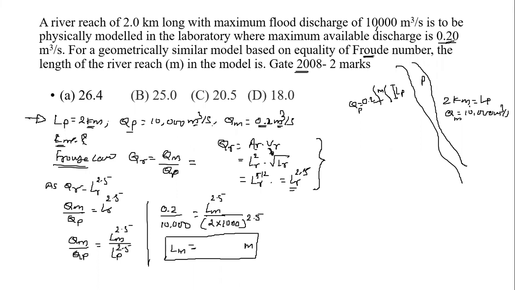Is it 2.64 or 26.4? 26.4. Okay, you had written 2.64 by mistake. Okay, 26.4. So someone has written option A. Right. I'd like to go for 26.4 meters. It came as 26.39, and rounding the figure we get 26.4.